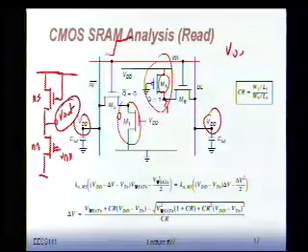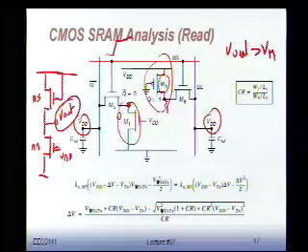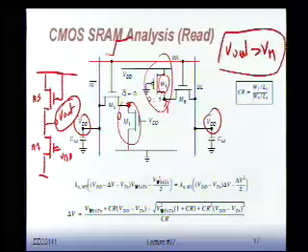Remember, this node connects to an inverter. For that inverter to flip, we have to make the input go higher than the VM of that inverter. So things will go wrong if V out is larger than VM. Okay? Now, solving this problem is very straightforward. It's a DC analysis problem.